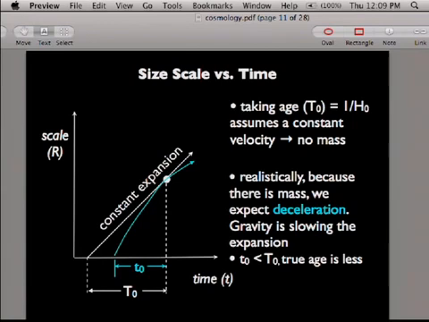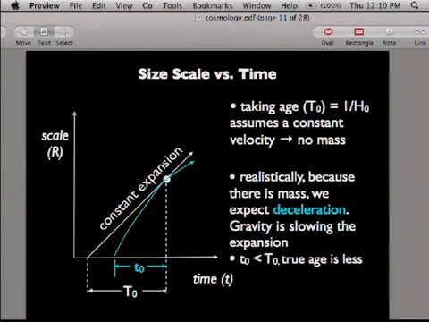And we know the size of the universe right now, so we need to match this. We know this R and we know this slope, and then we just extrapolate back to this time. It was actually faster than right now, so we have a shorter age, a smaller age of the universe, compared to the no-matter universe case.